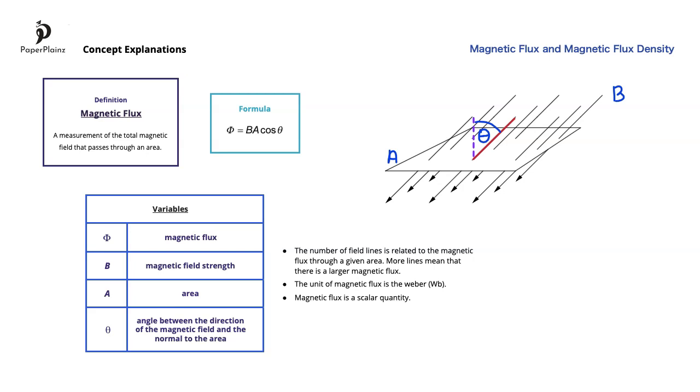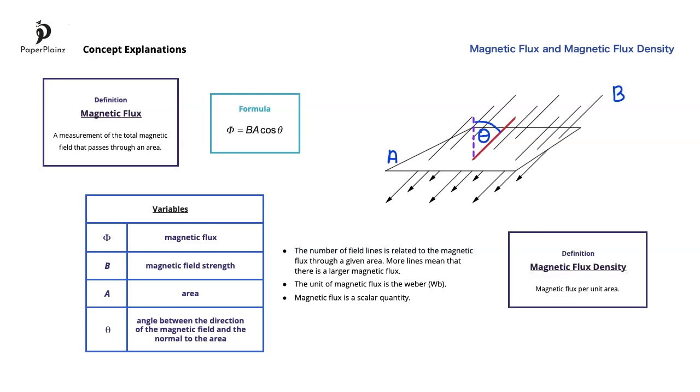Magnetic flux density, the second quantity that we discuss in this video, can simply be defined as magnetic flux per unit area. There are also more complex definitions for magnetic flux density, but for our purposes in IB Physics, we can just use this simplified definition.